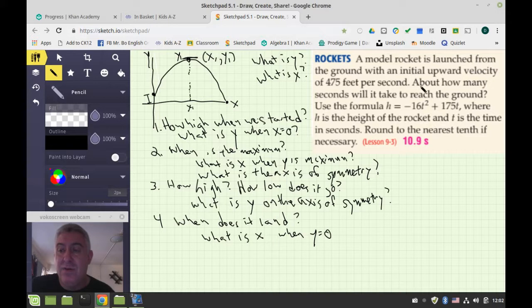One of the zeros is 0, and the other one, after we factor, we get negative 16t plus 175 times t. So 0 is one zero, and then we'll solve for the other one this way. So that's one way to do it.